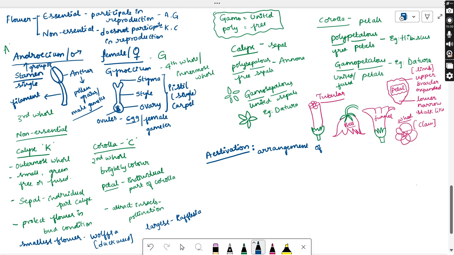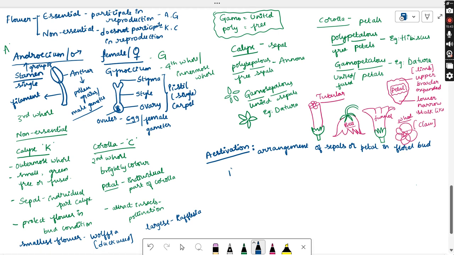So we can find this arrangement clearly whenever the flower is in a bud condition. So that arrangement of sepals and petals in the flower bud or the floral bud, we call it as the estivation. And you should remember one thing: we are comparing with the members of the same whorl. So if the sepals are there, how the sepals are arranged with respect to sepals. If petals are there, how the petals are arranged with respect to petals itself.